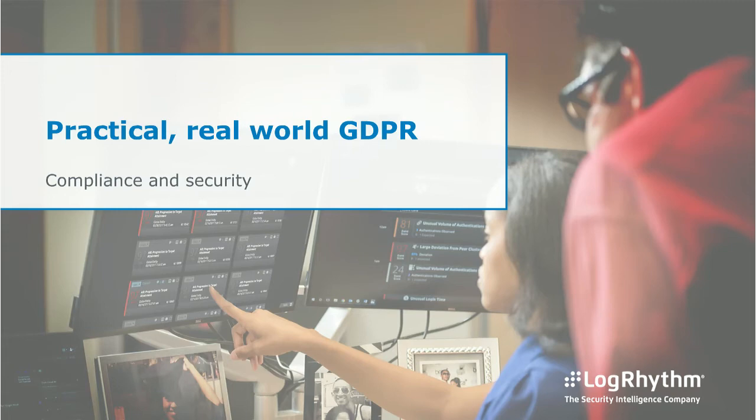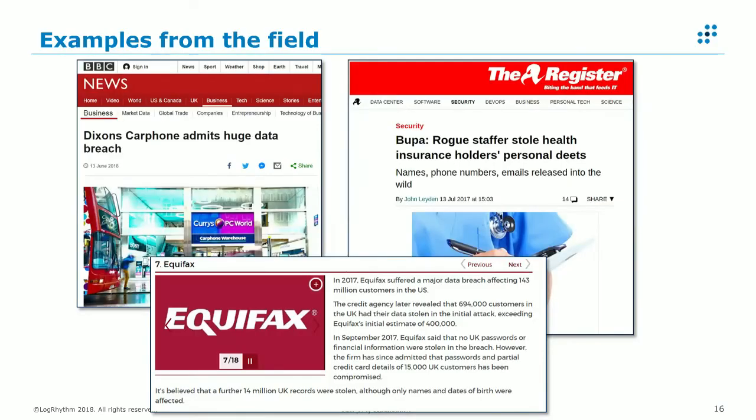Thank you very much, Laura. So I'm going to quickly go over some practical real-world GDPR examples, and we are going to first look at some examples from the field. Now, there aren't that many. It only happened in May, but one of the first things that you will probably notice is the Dixons Carphone breach.